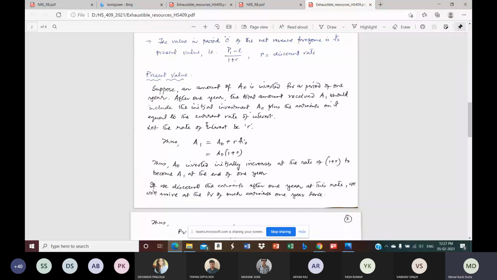We assume that this augmented marginal cost for the exhaustible resource should not exceed the marginal cost of the substitute, because if the substitute is available at a lower price or lower cost, obviously people will not go for use of the exhaustible resource. So theoretically, this augmented marginal cost for the exhaustible resource cannot exceed the marginal cost of the substitute.